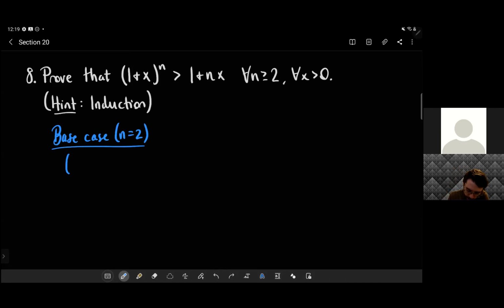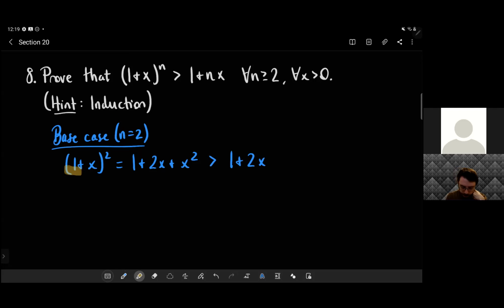And all we have to see is that 1 plus x squared, putting n equals 2 in here, holds. Maybe I'll just write this out step by step. One plus x squared is 1 plus 2x plus x squared. But that's guaranteed larger than 1 plus 2x.